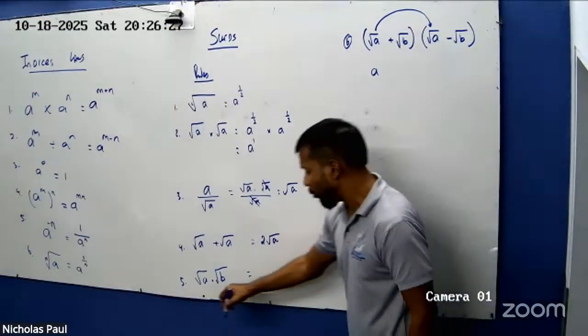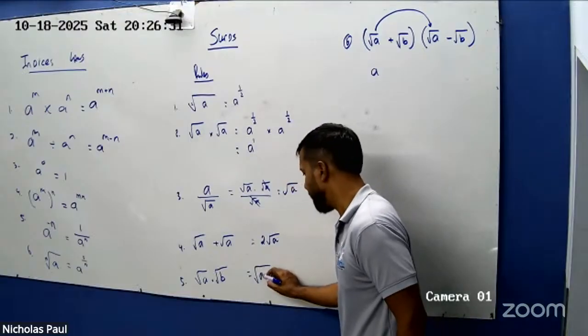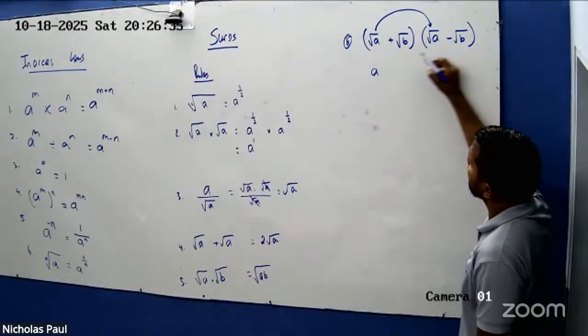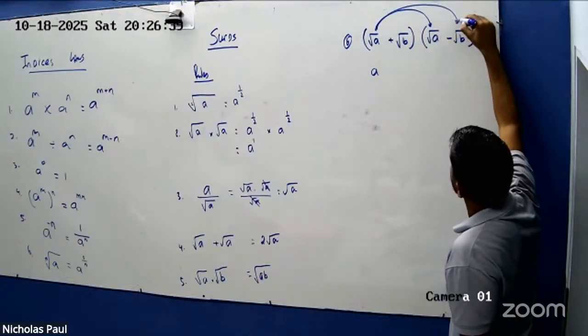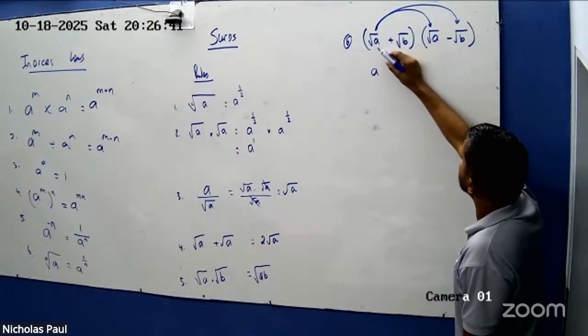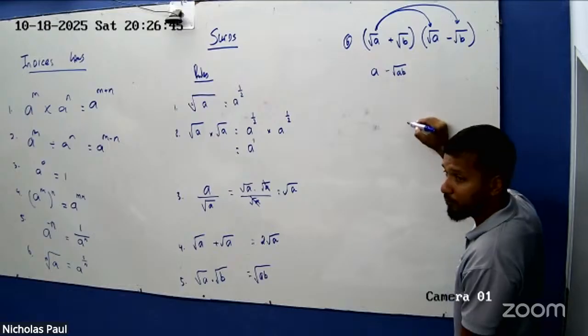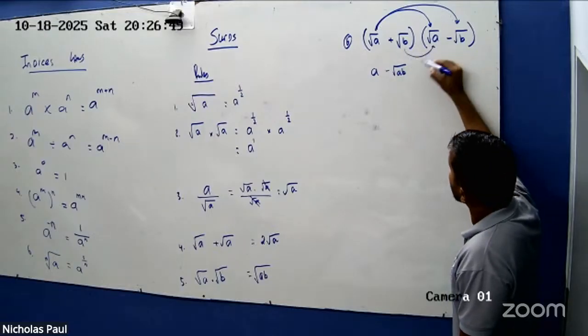So what do you think is root A by root B? Root AB. Okay, so here now, root A by root A is A. Root A by minus root B is minus root AB. Root B by root A is plus root AB.